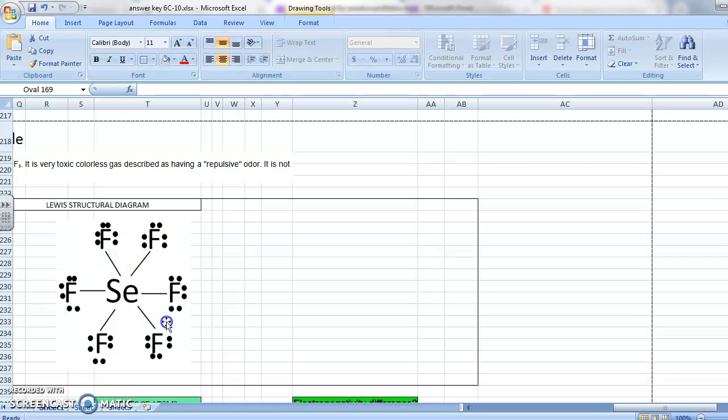So the fact that an atom has electrons in constant motion, for instance, we have a fluorine atom right here. The electrons on this fluorine might move from one side of the atom to the other. That would leave one side of the fluorine atom partial positive. The other side of the fluorine atom where they move to would be partial negative. When you have lots of electrons in motion around the atom, it can give little momentary partial positive spots on the atom. We'll get more into London dispersion forces.